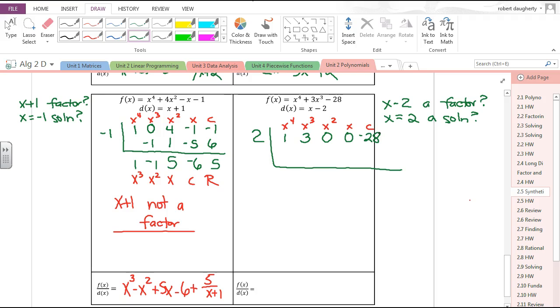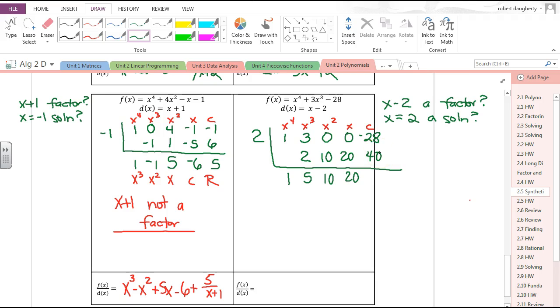Okay? So if I bring the 1 down, 1 times 2 is what? 2. Add those to get 5. 2 times 5 is 10. Add that to get 10. 2 times 10 is what? 20. You add that to get 20. 2 times 20 is what? 40.